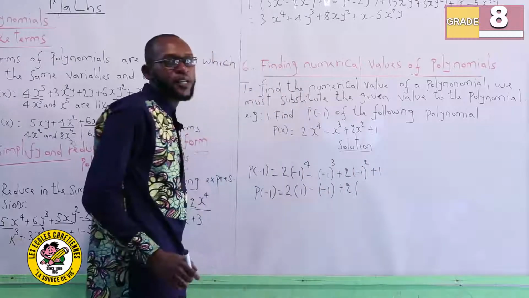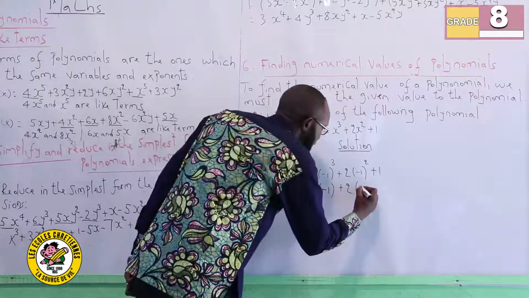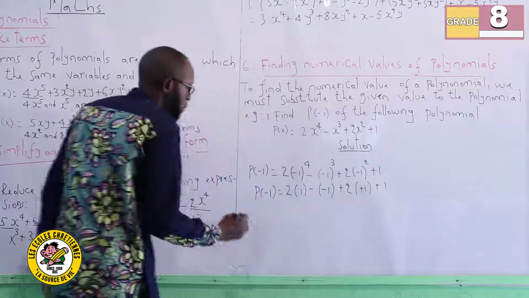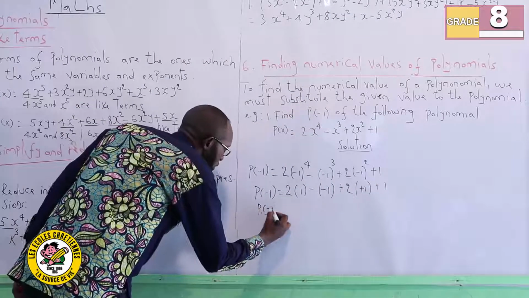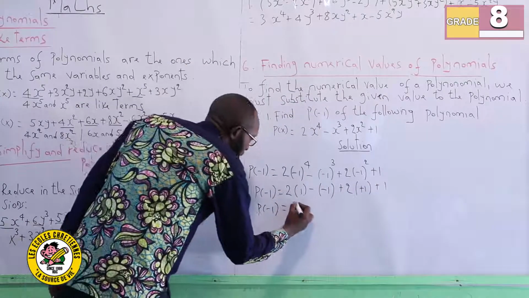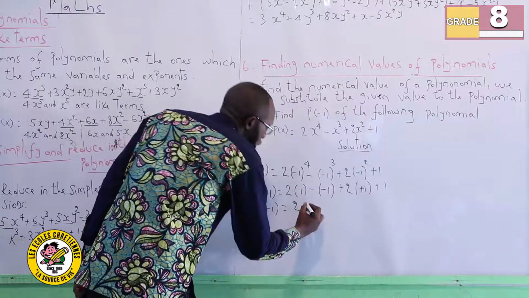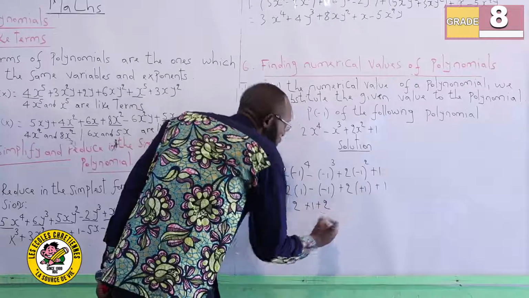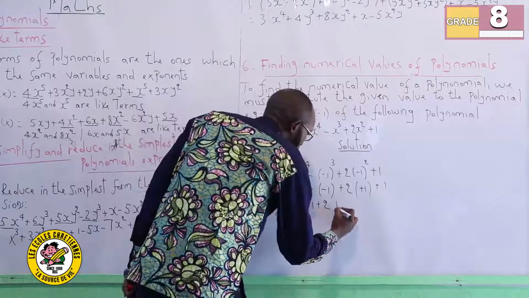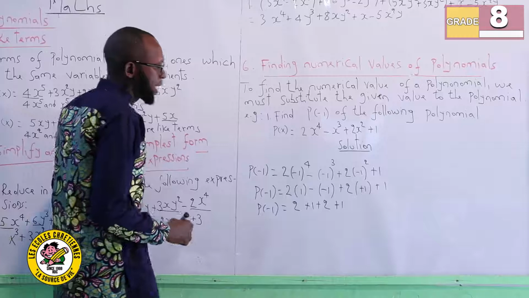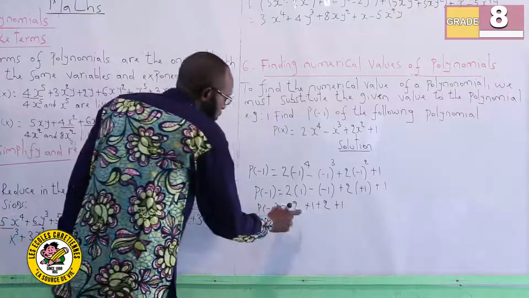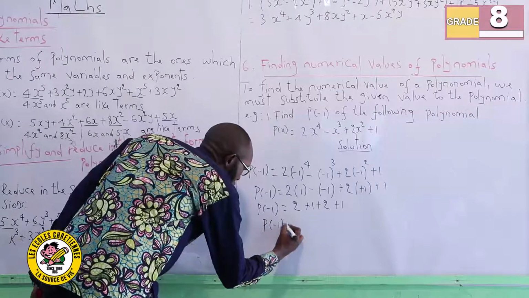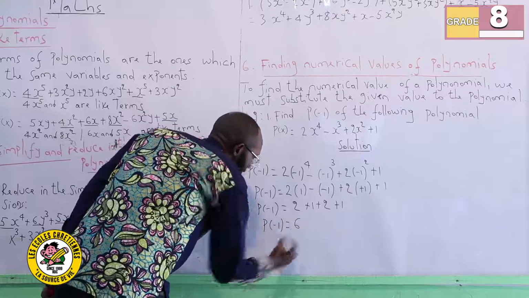The exponent is an even number, it will be positive, so we will have plus 1 and plus 1. So we go quickly. If you multiply 2, and over there you have plus 1, here you have plus 2, over there plus 1. So if we calculate, we have 3 and 3. So the answer is 6.